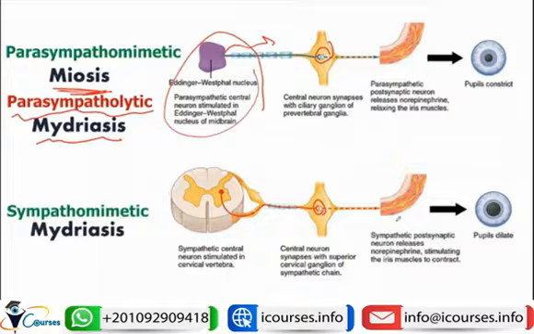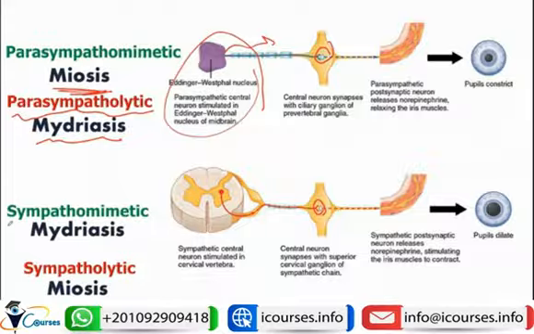So this is the action of the sympathomimetic, causing mydriasis. But if we put a sympatholytic, that will result in miosis rather than mydriasis. An example of a sympathomimetic is adrenaline. An example of a sympatholytic is a drug called guanethidine.